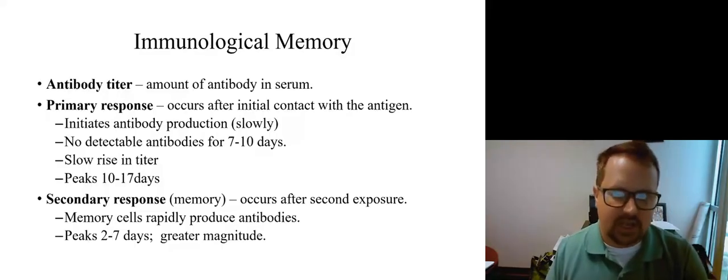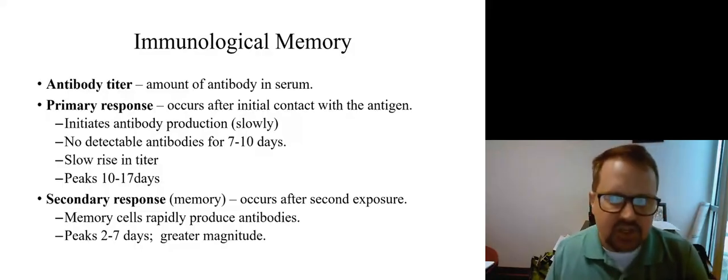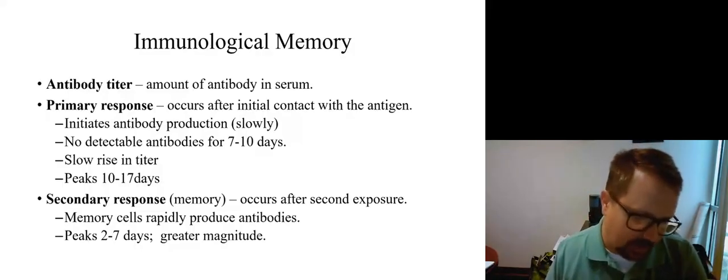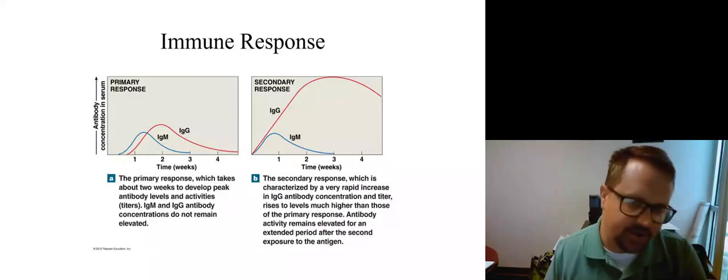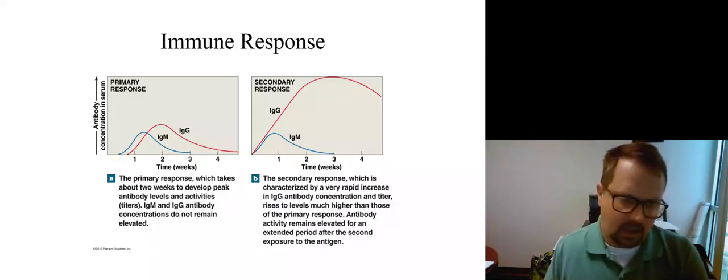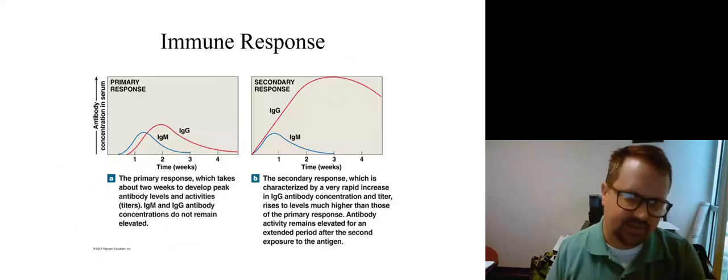Both make IgMs at about the same level, but you make IgMs earlier during the secondary response. Okay? And here you can see it there. Now, I do like to ask the difference in primary response and secondary response on the test.